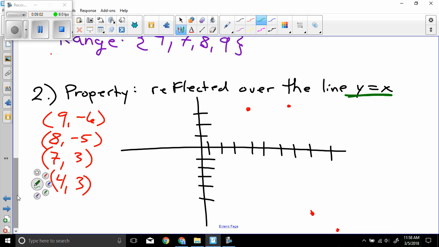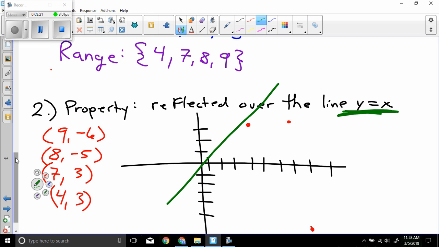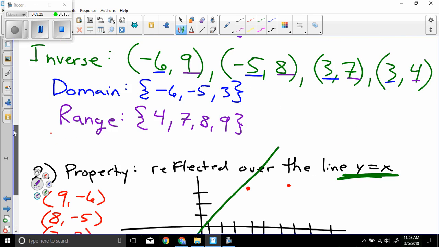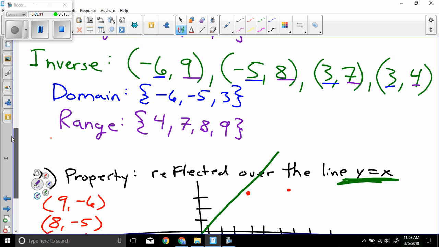And then my y equals x line, this thing, would look something similar to this line. Now what should happen is when I go to draw the other inverse points, which were -6, 9.